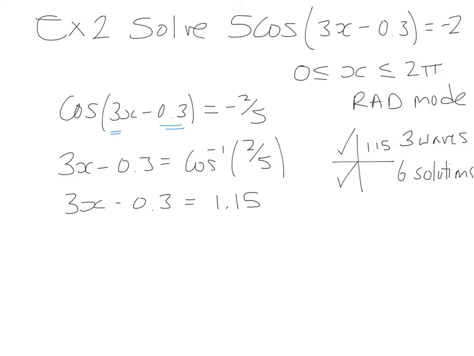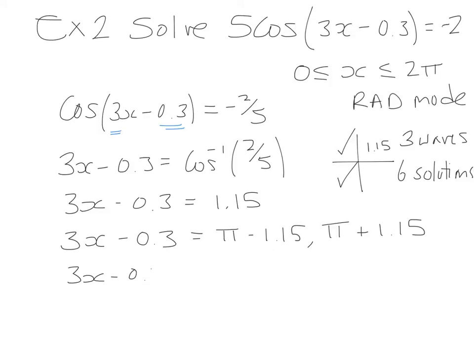So 3x minus 0.3 is equal to pi minus 1.15 and pi plus 1.15. So we have 3x minus 0.3 equal to 1.99 and 4.29. And that's wave 1.